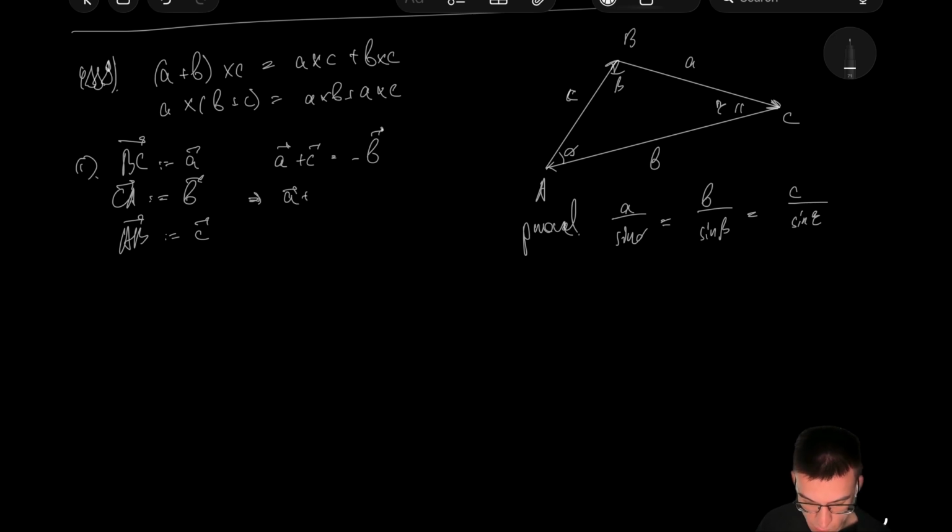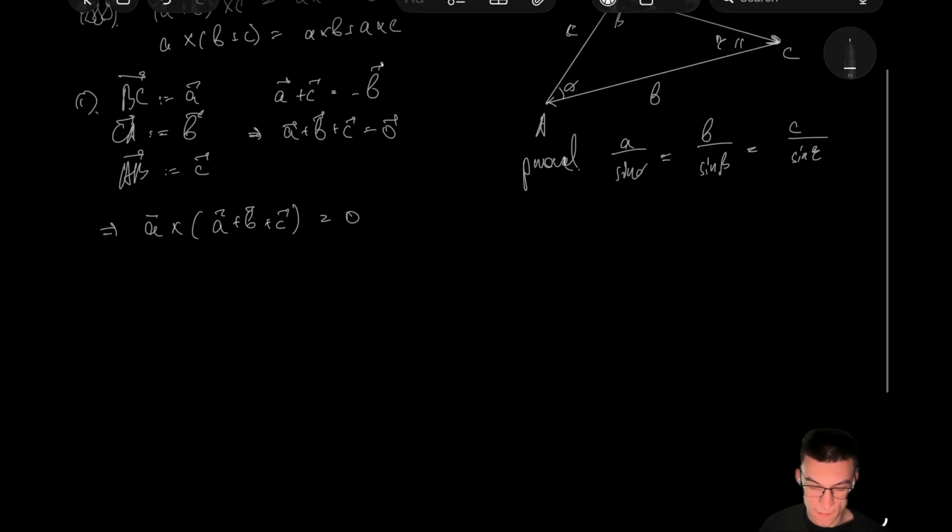Consequently, A plus B plus C would be equal to the zero vector, which is very interesting, and we can use that fact, because now we can take, let's say, A, and find the cross product with this sum. A cross (A plus B plus C) should be equal to zero, because this is the zero vector, and multiplication of the zero vector by any vector gives the zero vector.